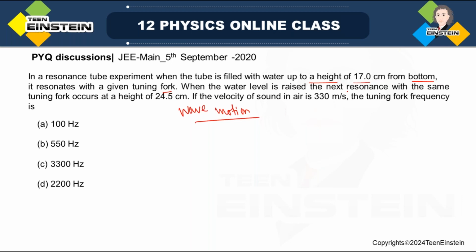When the water level is raised, the next resonance of the same tuning fork occurs at a height of 24.5 centimeter. If the velocity of sound in air is 330 meter per second, the tuning fork frequency is?